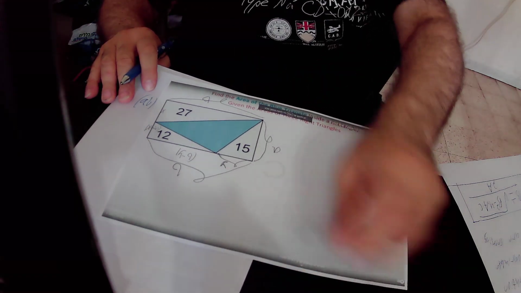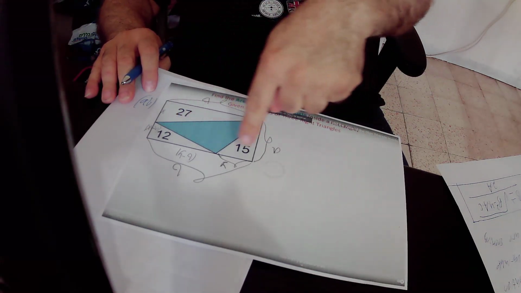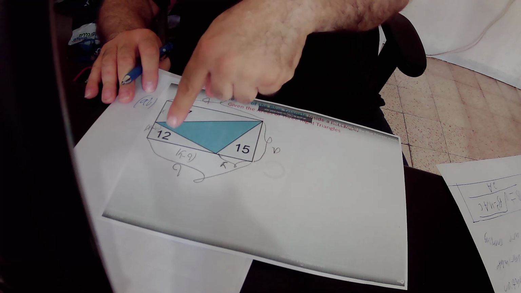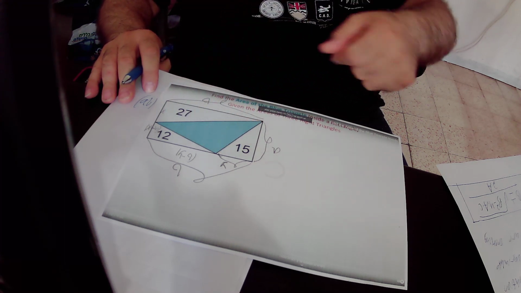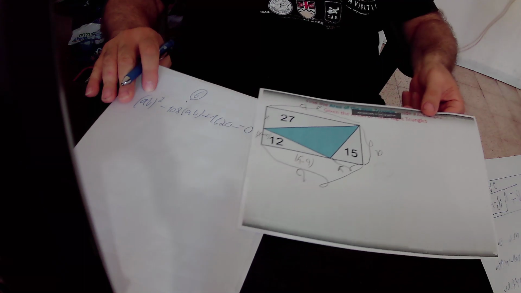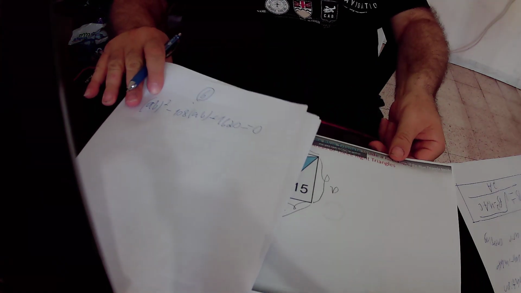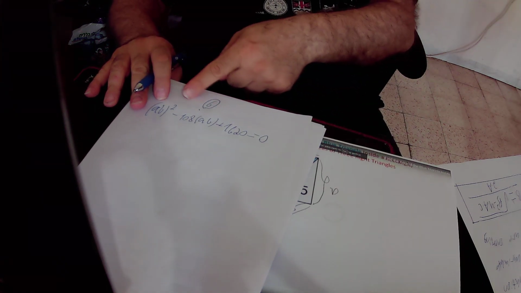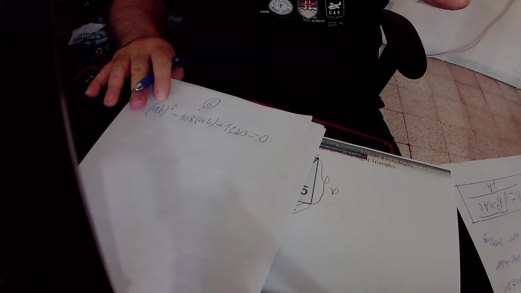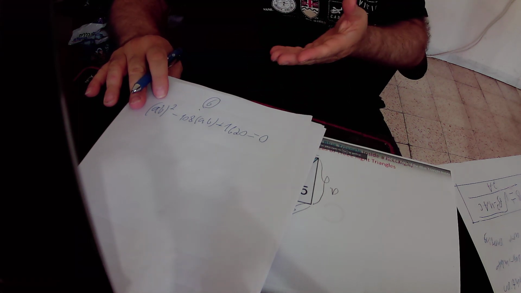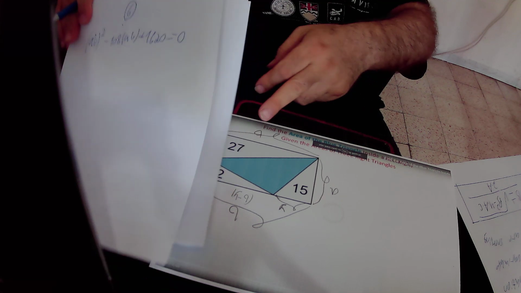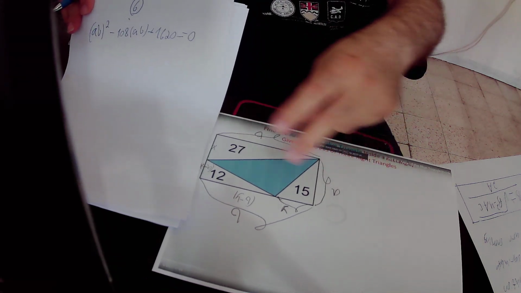We created three formulas for the areas of these right triangles, and in this way we got to this quadratic equation. And actually AB is the area of this rectangle.